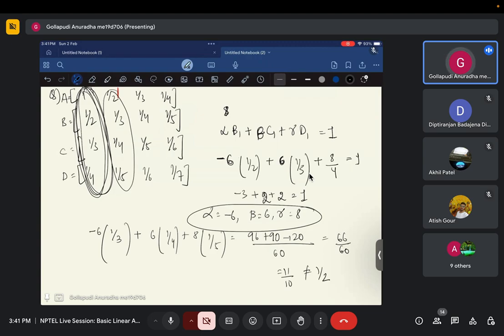So what can you say about this? Not satisfied, so it would be linearly independent. Yeah, so it's independent.